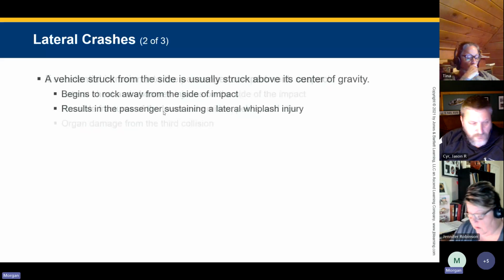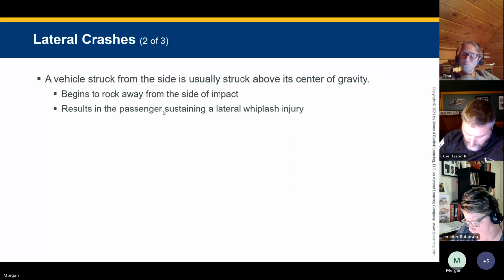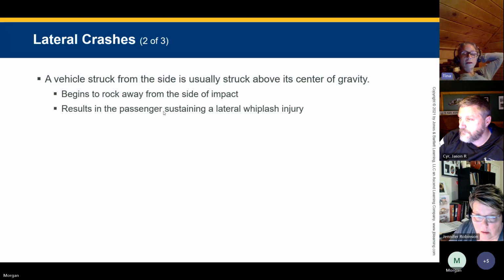What injuries do you think would happen with a T-bone or lateral impact? Chest, yep, chest, pelvis, and I bet some of your solid organs might take a hit. Depending, the abdomen, probably.